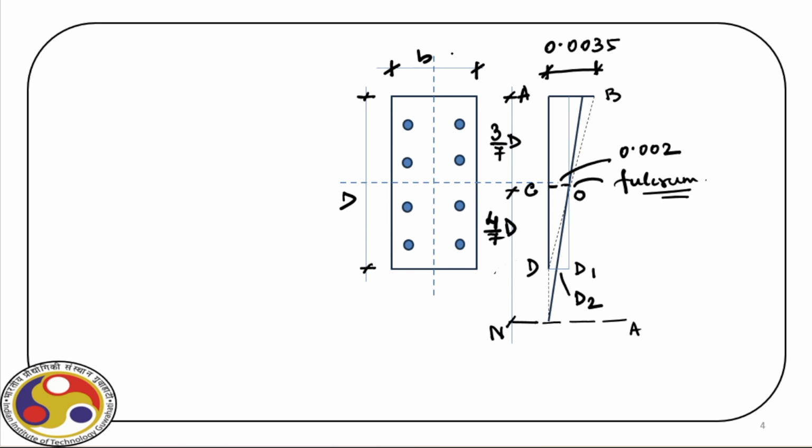Now we have a loading point somewhere here. So this is the load acting with the eccentricity E, right? Earlier we designed the column for minimum eccentricity. Now we have a significant amount of eccentricity, and let us see how we can design this column.